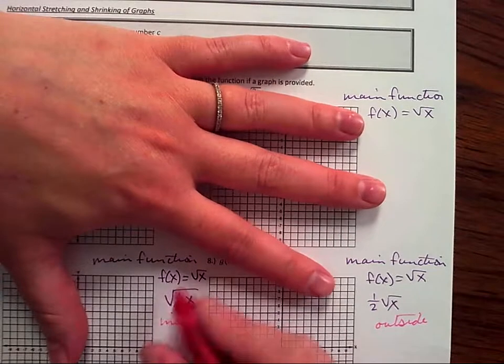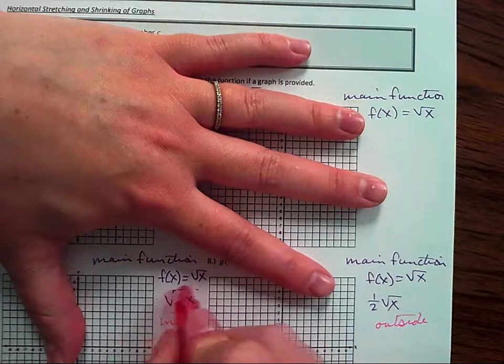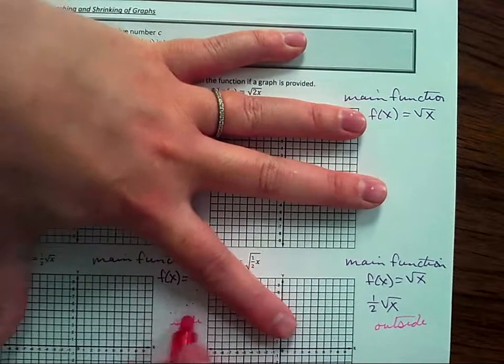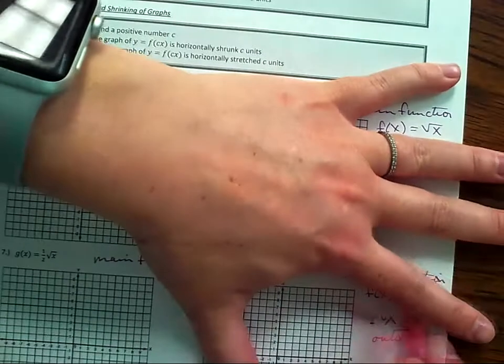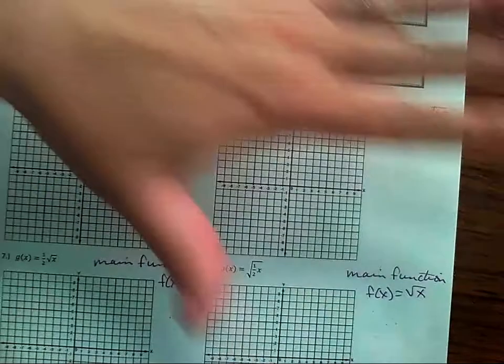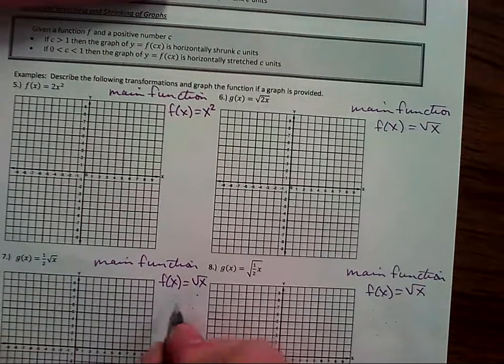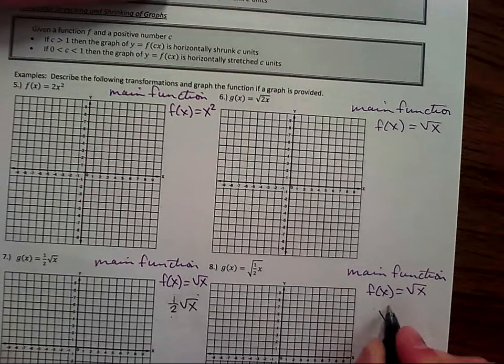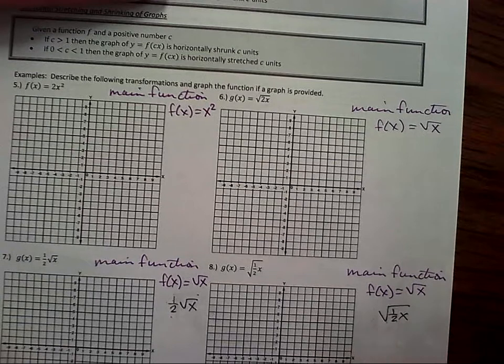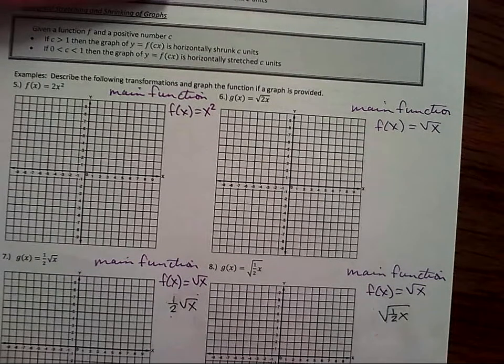I wrote these backwards. So this is 1/2 square root x, and this is square root 1/2 x. So this is on the outside. This is on the inside.